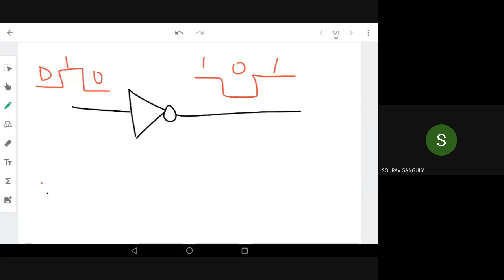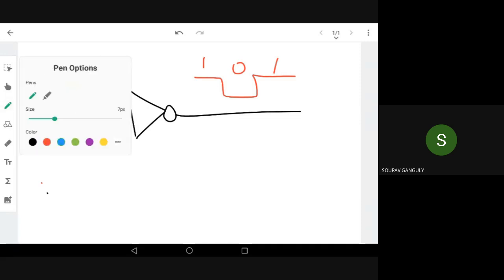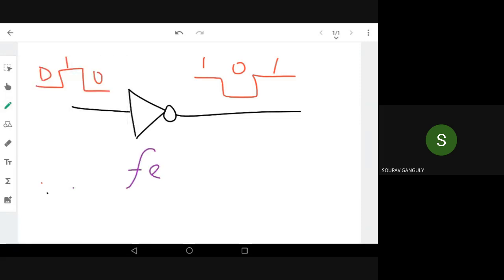Now, how can I make this sequential? One solution for making combinational logic sequential is to give feedback. If you give feedback, your output is connected to your input. So even if your original input is not given to the circuit, your feedback will always feed your input, right?